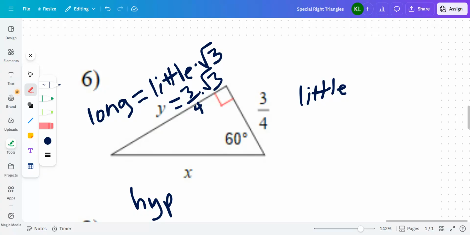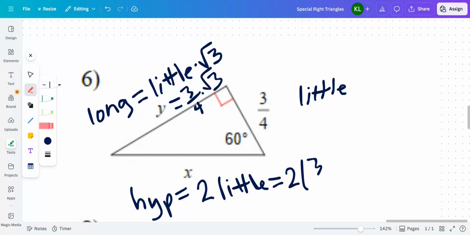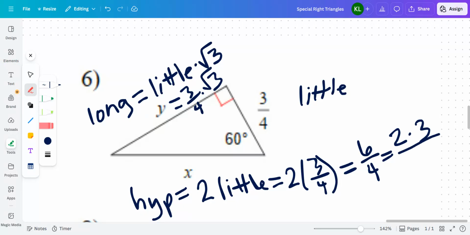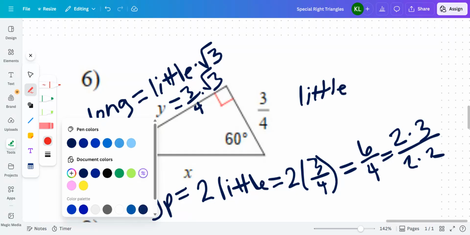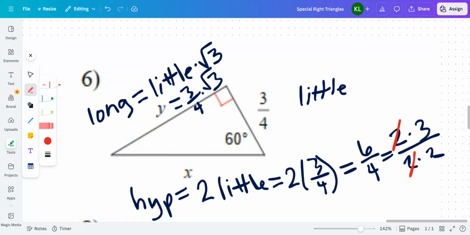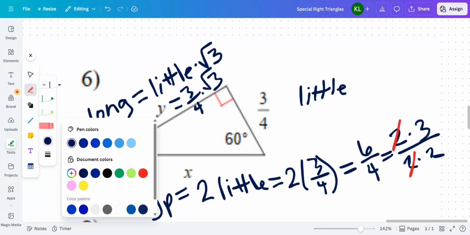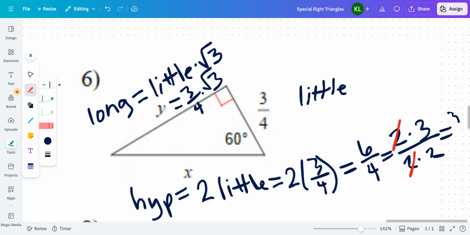My hypotenuse is 2 times my little leg. So in this case, I'm going to have 2 times 3/4, which is 6/4, and that simplifies down because 2 times 3 is the same thing as 6, and 2 times 2 is the same thing as 4. And these 2's are going to simplify, and that reduced fraction is 3/2.